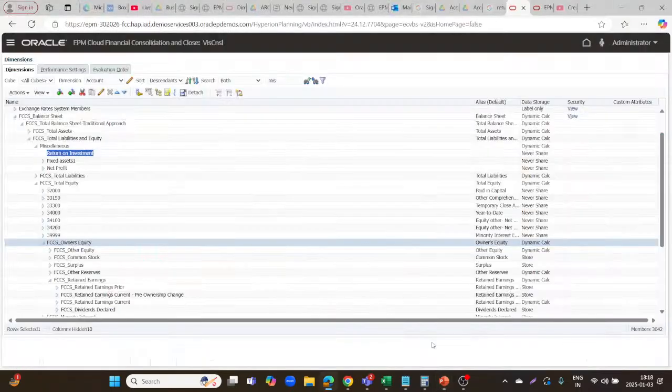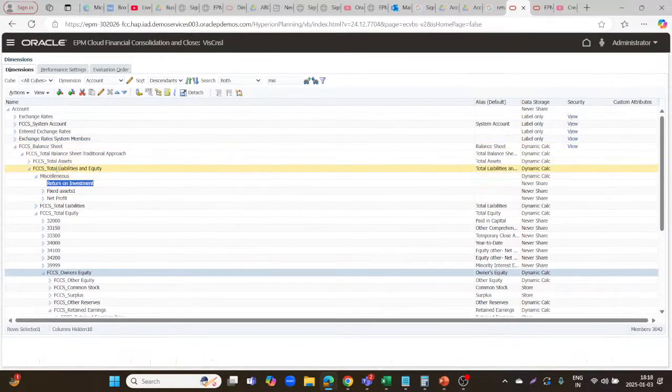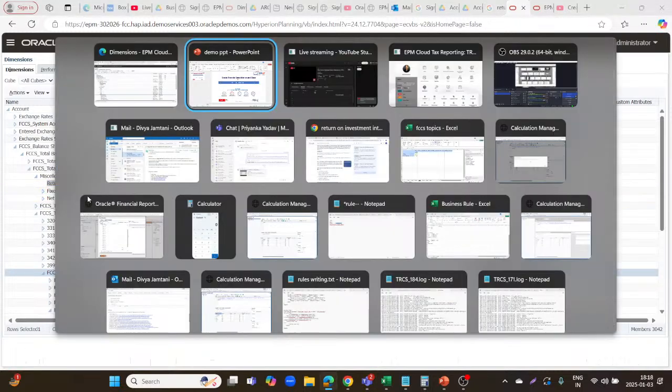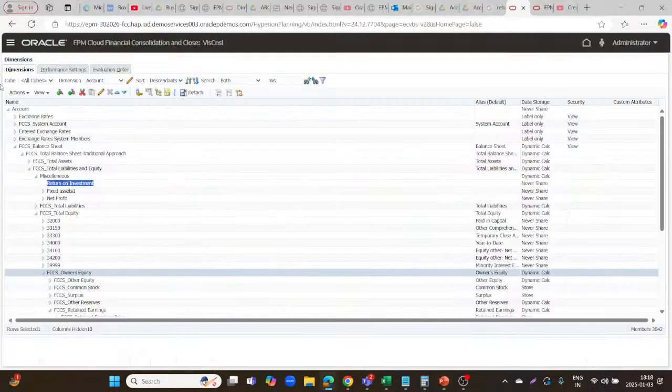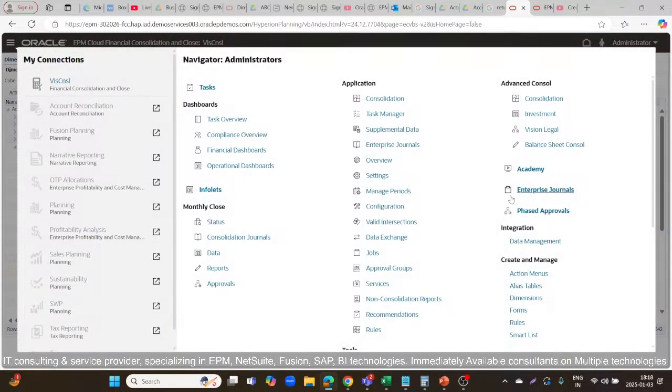Okay, so here under miscellaneous, this is my account that is fixed asset, and one is the net profit. With the help of these, we'll be deriving the return on investment. Fixed asset can include n number of assets, so when you input the numbers on those individual assets, the sum total will roll over to the fixed asset.